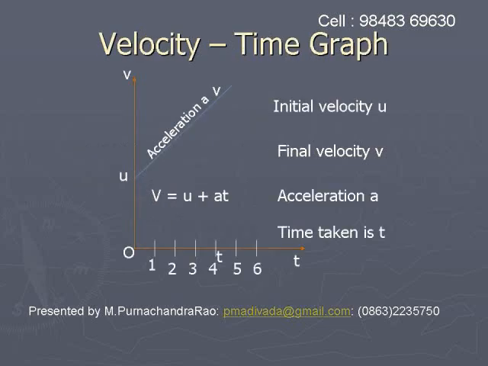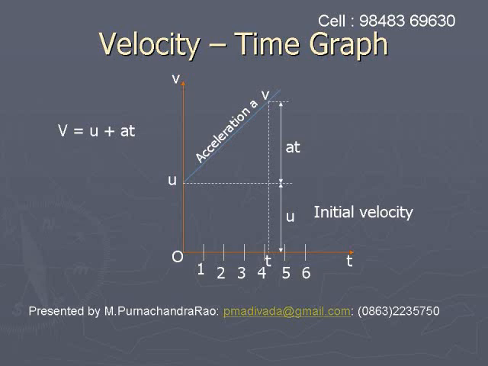Now, let us take the velocity time graph of an accelerated particle. Here, the initial velocity of the particle is u, the final velocity is v and the time interval is t. This motion is represented by the blue line. The horizontal dotted line from O to u is the initial velocity.